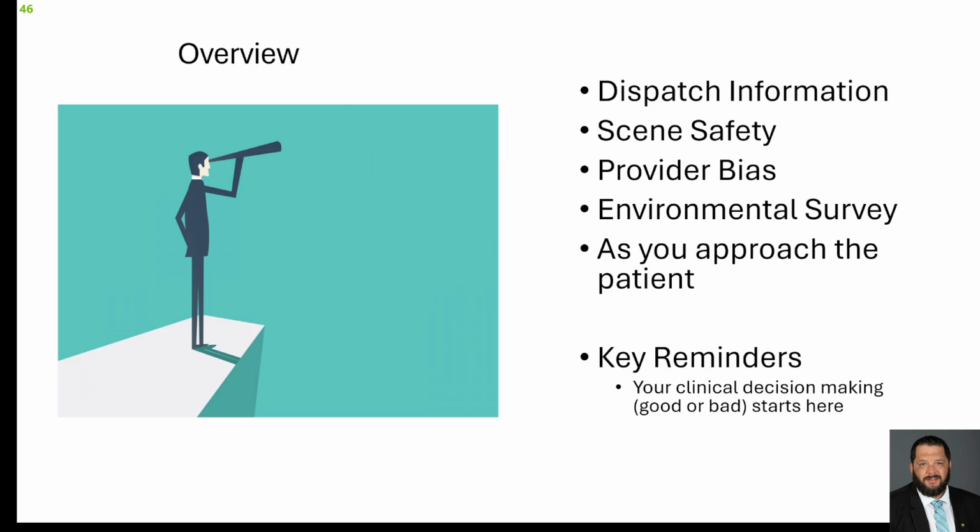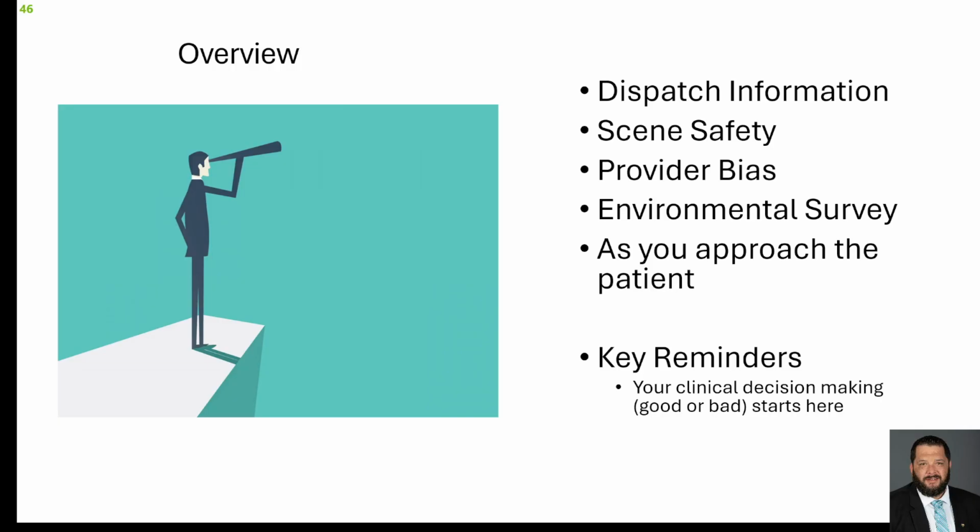One of the things we're going to really talk a lot about during this short lecture is provider bias. Okay, this gets us in trouble a lot in healthcare in general. So we're going to talk about your preconceived notions about a patient based on some of the assumptions that we make when we arrive.